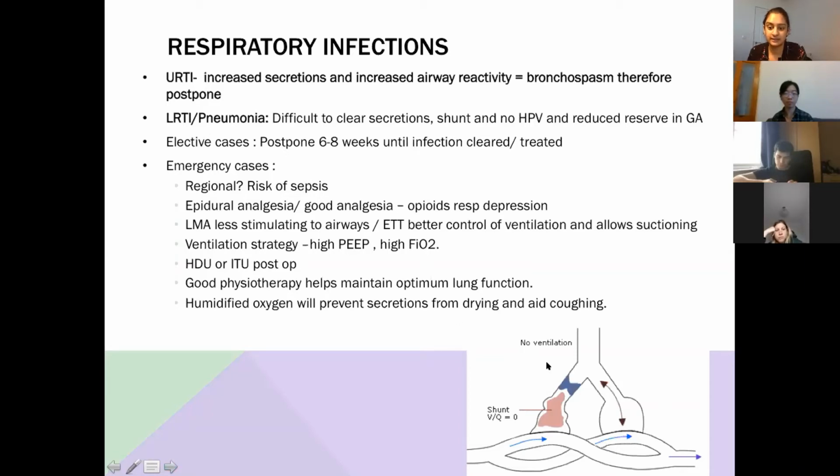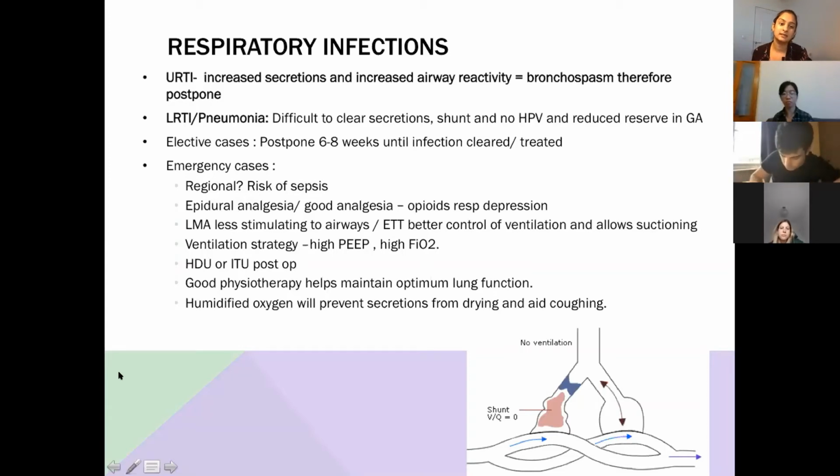So as you can see in this little diagram here, if you get a mucus plug at the bottom of a lung, that basically switches off all of the ventilation to that lung, causing a shunt. And because hypoxic pulmonary vasoconstriction is inhibited or reduced in a lung that's under general anaesthetic, the shunt fraction is bigger and can cause more issues.